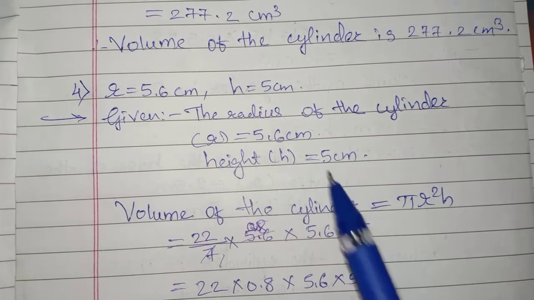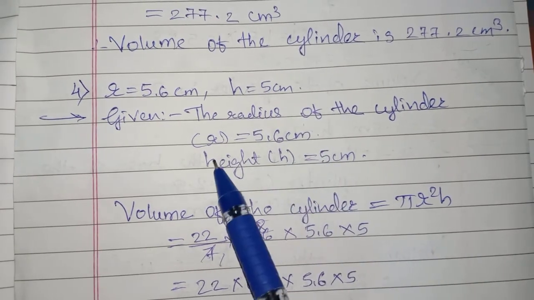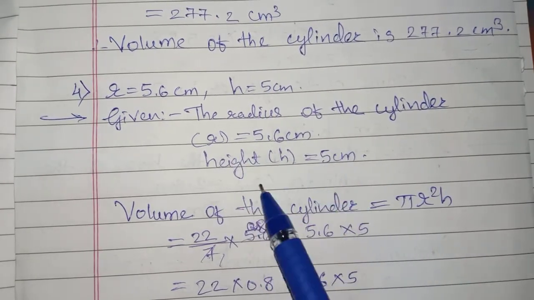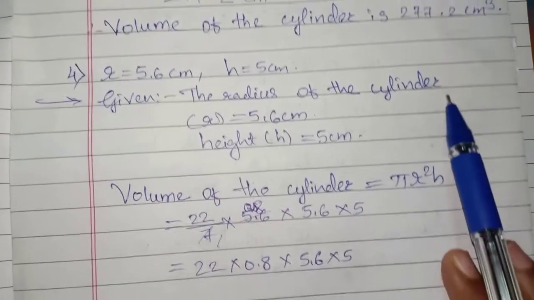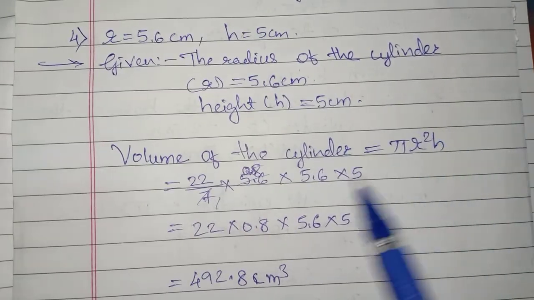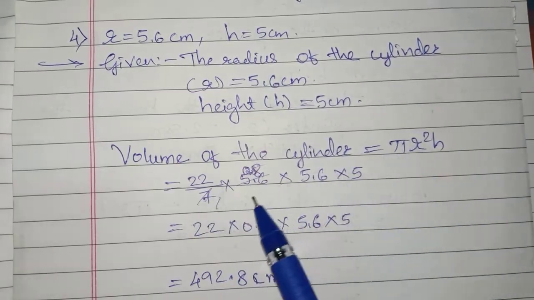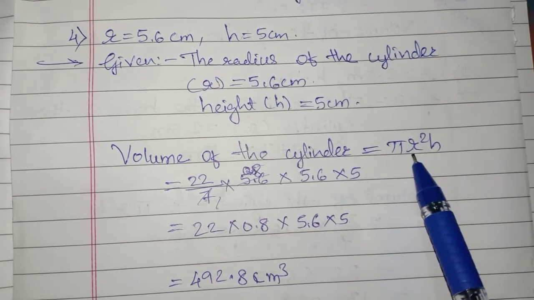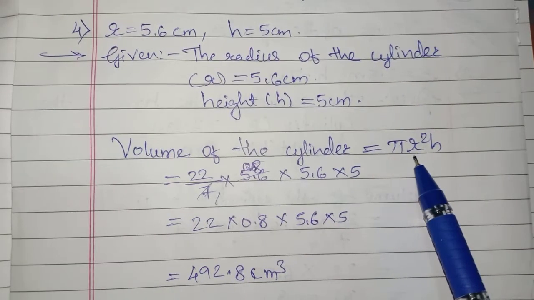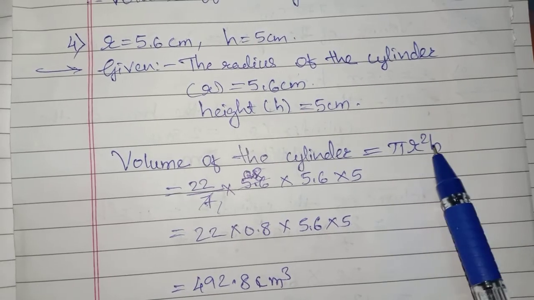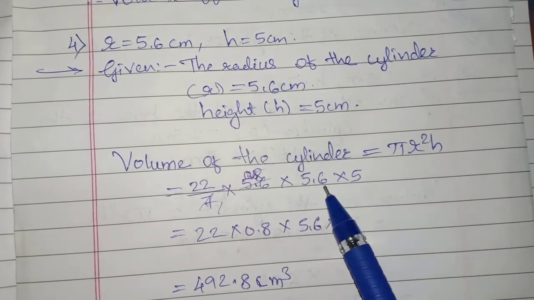Now the fourth one: radius r is 5.6 centimeters and height h is 5 centimeters. Write down whatever is given. Then write formula pi r square h and substitute values. Remember, radius square is there, so you have to write that value 2 times.